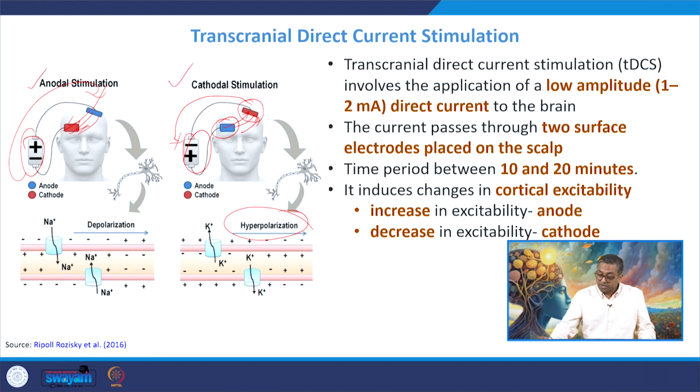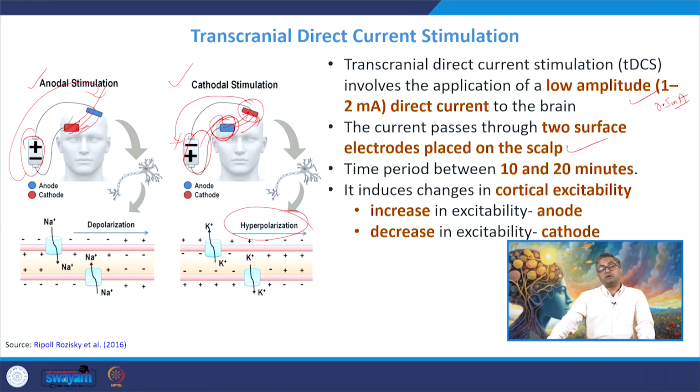Transcranial direct current stimulation uses a low amplitude of current, 1 to 2 milliampere. In some studies you may also see values starting from 0.5 milliampere. The size of the electrode varies and decides the current density also. So the current density has to be decided. The current passes through two surface electrodes.